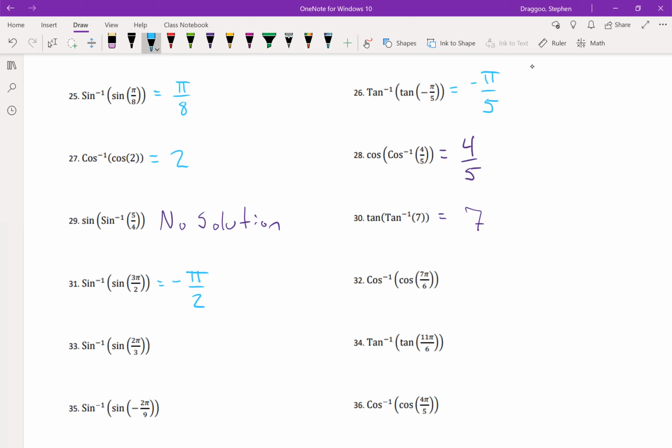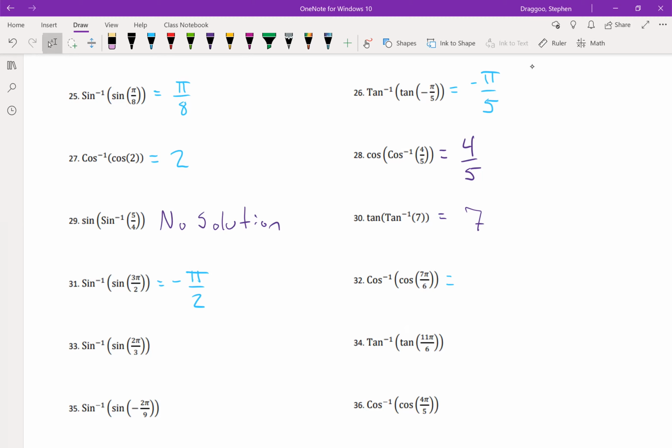In 32, I've got the cosine inverse of the cosine of 7 pi over 6. So I want an angle that fits the range of cosine inverse, but also has the same value for cosine as 7 pi over 6. And that's going to happen at 5 pi over 6.